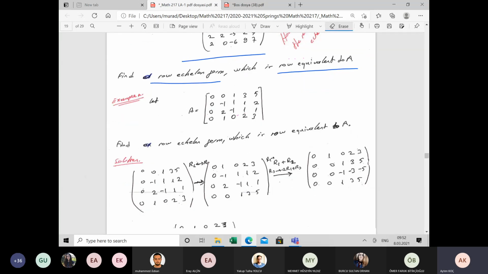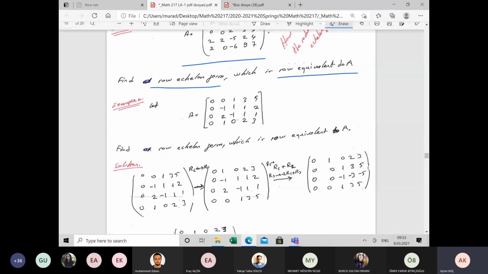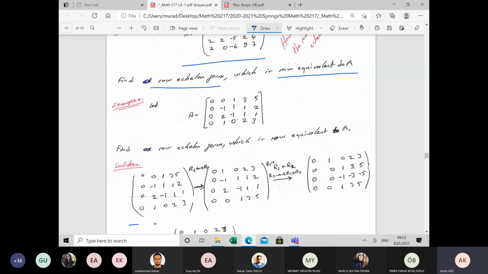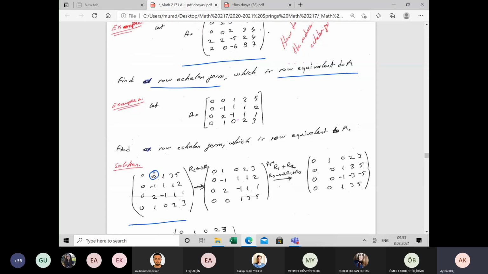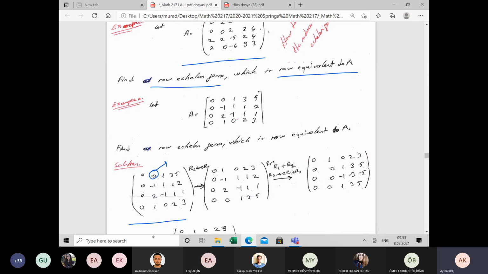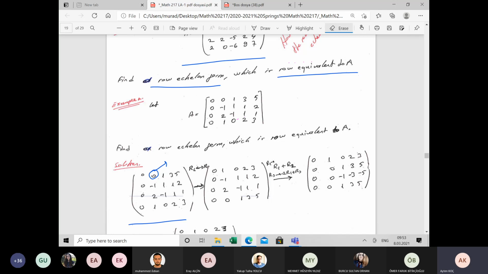Write the matrix A. This one is matrix A, first one. Our aim is to get the leading entry here. So we compare all the rows. Then look at this one and this one.